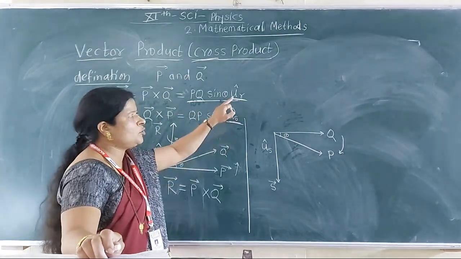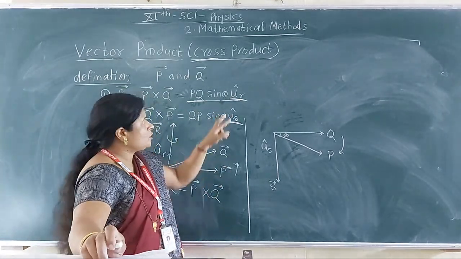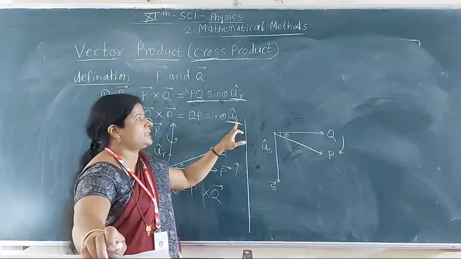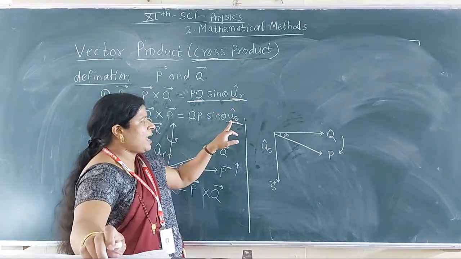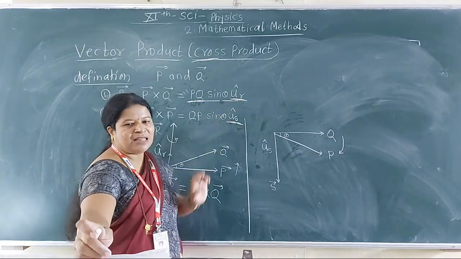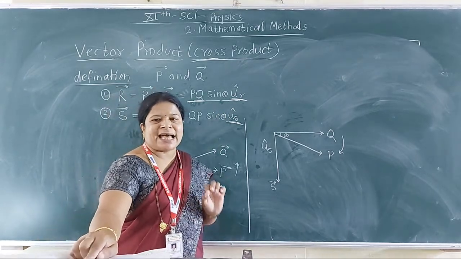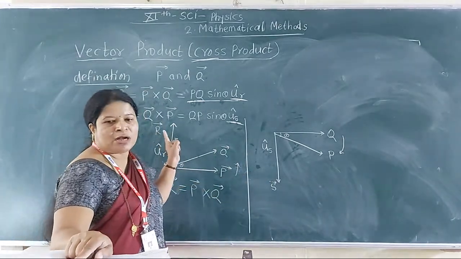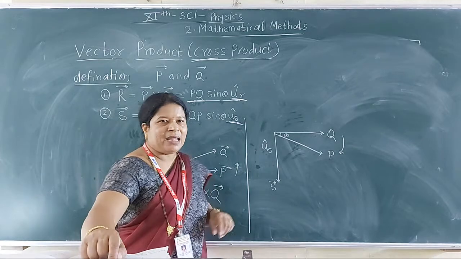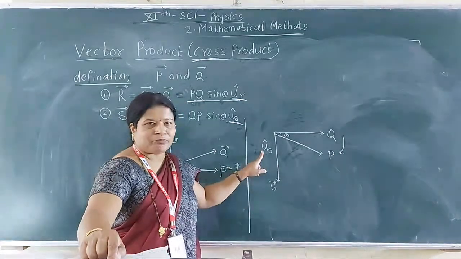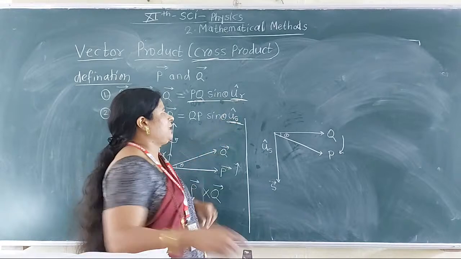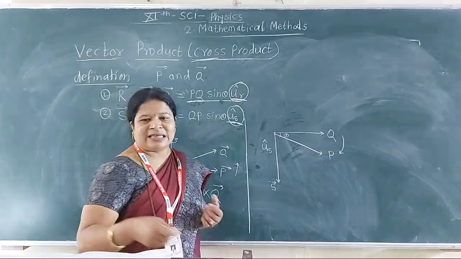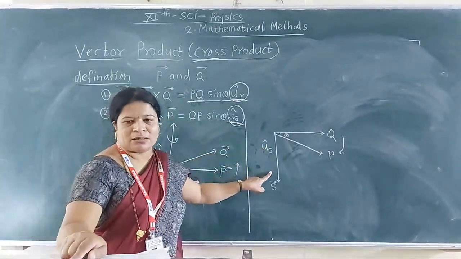Now, here is u cap r. We know that u represents a unit vector, along the direction of r, and this unit vector along the direction of s. Therefore, u cap r and u cap s are the unit vectors that show the direction of the product vector.